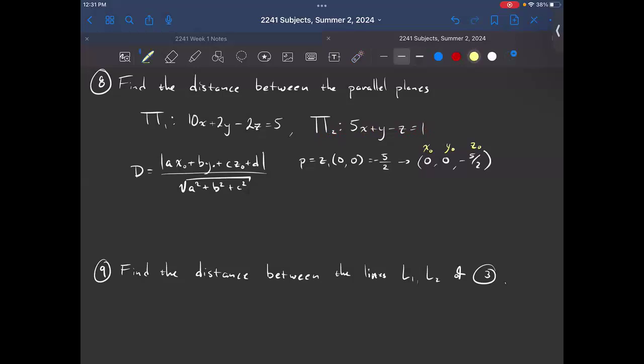And our normal vector, again, comes from the coordinates, or the coefficients there. So n2, we'll say, n2 is 5, 1, -1.